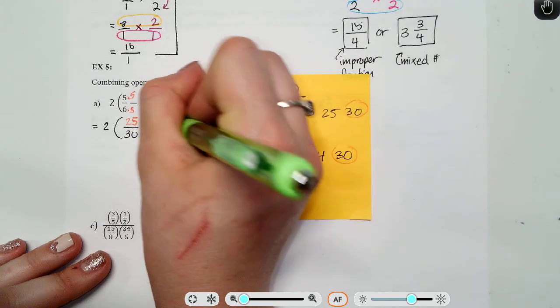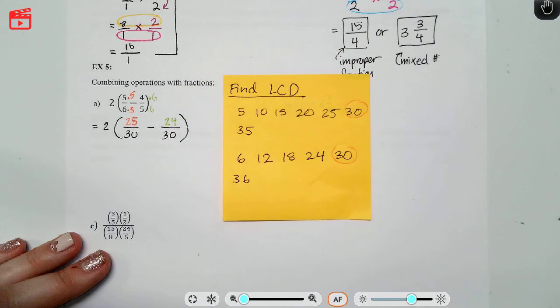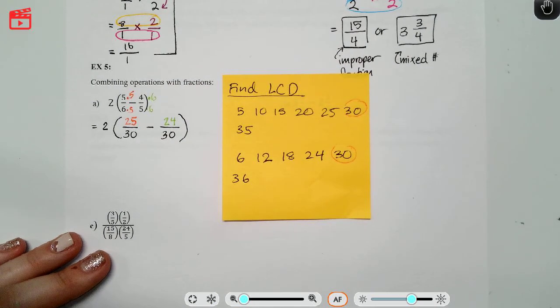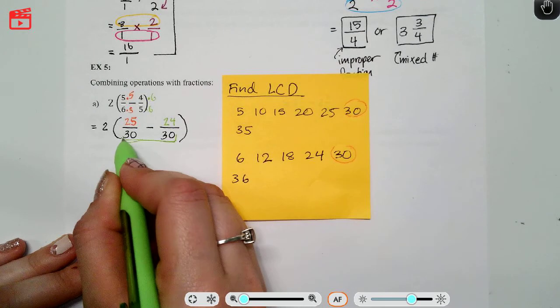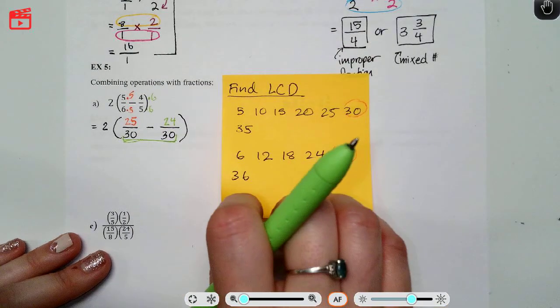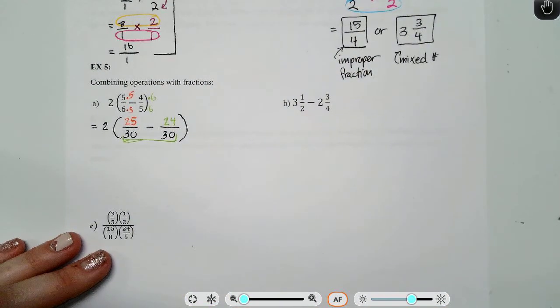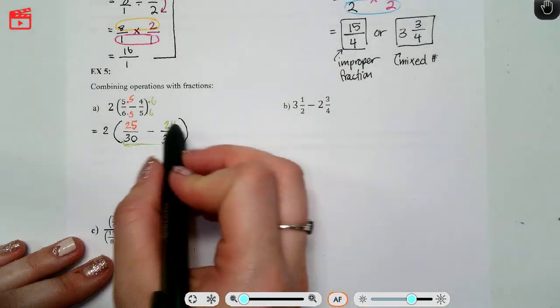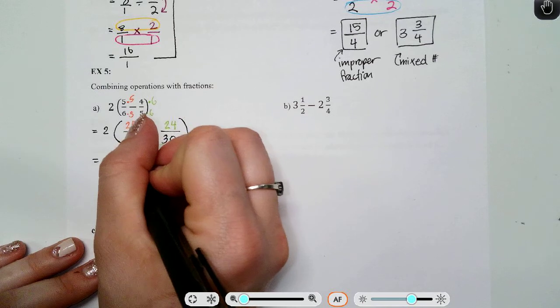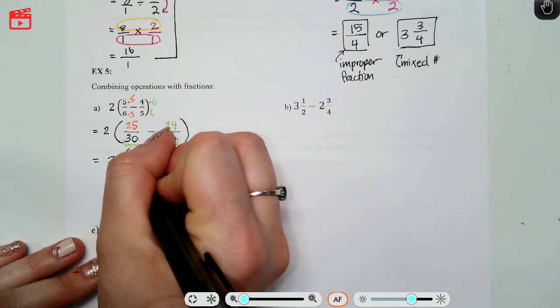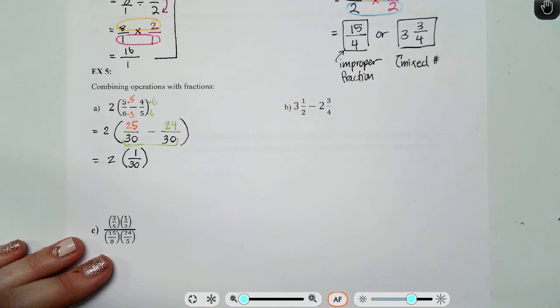Remember, why do we do the building up property and why do we find the LCD? Because we want the same denominator. When we have the same denominator, then we can actually subtract these two fractions. So 25 minus 24 is going to be 1. 1 over, and then keep the denominator, 30.